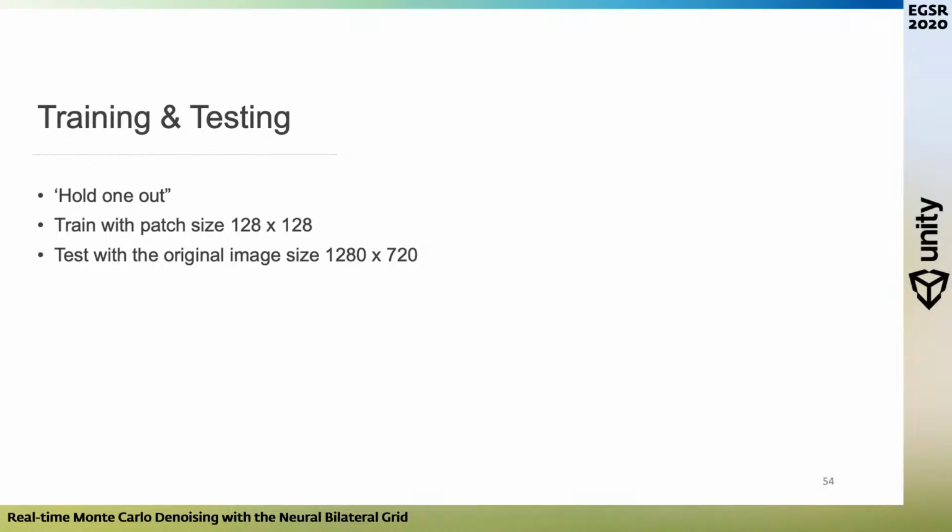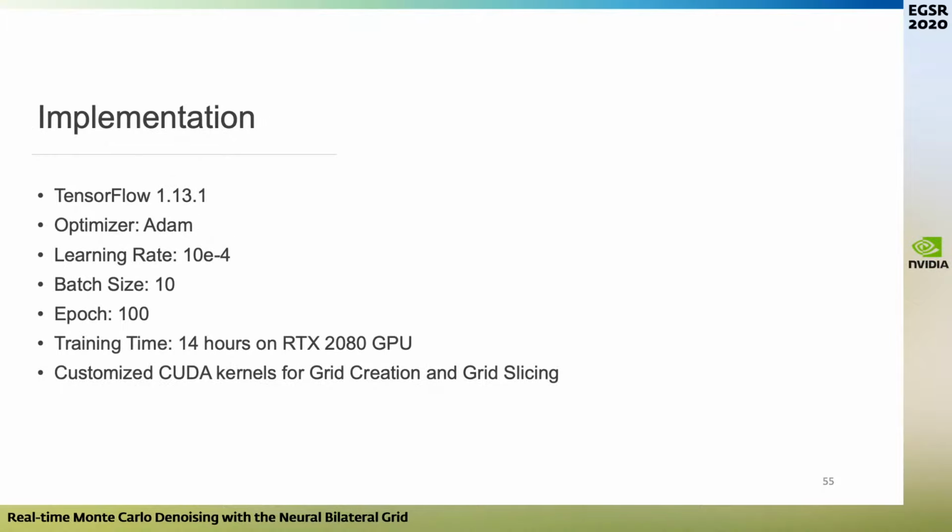In the training stage, we use image patches at a resolution of 128 by 128. In the testing stage, we use the original image with a resolution of 1280 by 720. Our denoiser is implemented in TensorFlow.